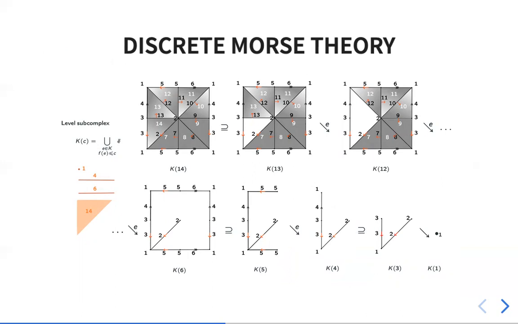So you have this notion of levels of a complex, that is the subcomplex of the main complex of closed cells at which the value of F is less or equal than some specific value. So this is the sequence of levels of complexes. And you have two cases.